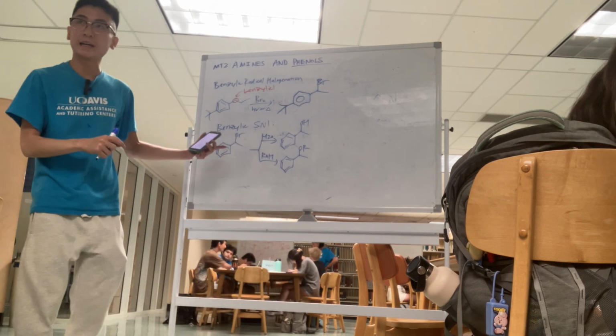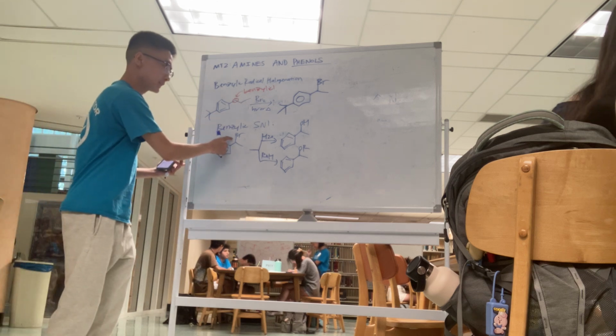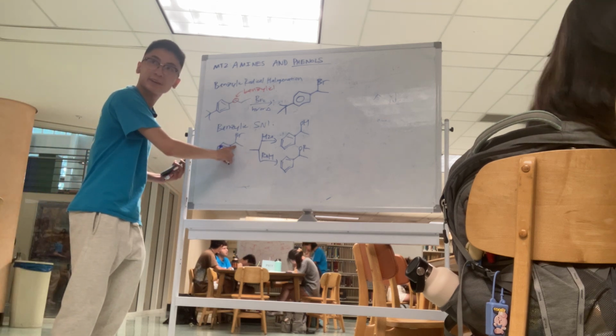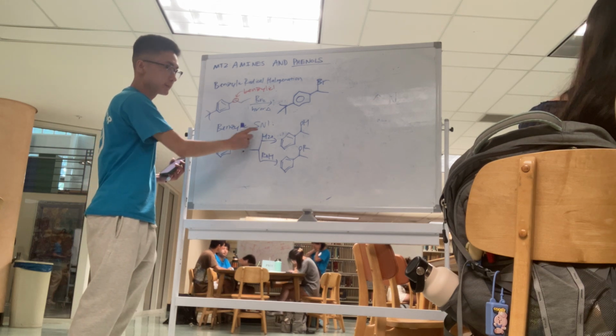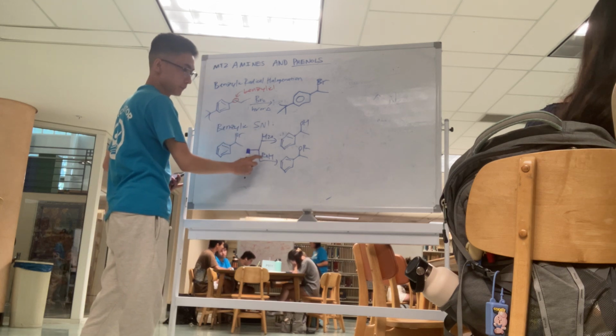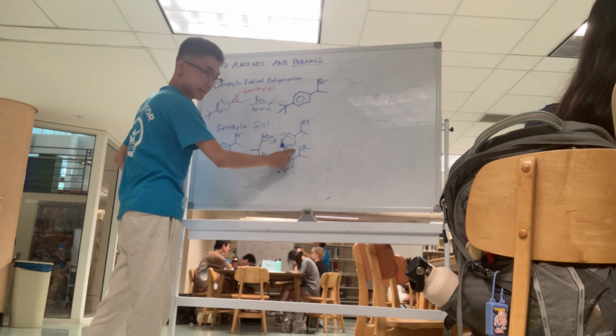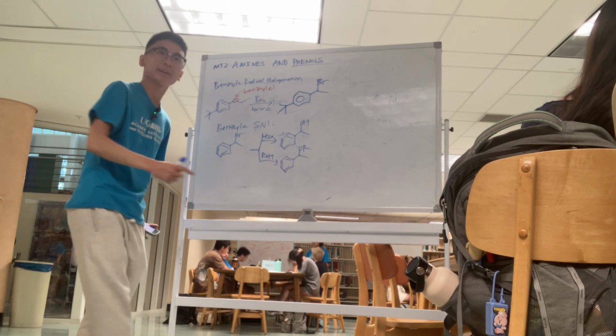So this is going to be an SN1 reaction here, where the very first step of an SN1 reaction is that the leaving group leaves first to form a carbocation here, right? And then from that carbocation, you could use two different kinds of nucleophiles here. If you use water, water is going to create an alcohol. If you use an alcohol as a nucleophile, you're going to create an ether, where the R group of the ether depends on the R group of the alcohol, right there.